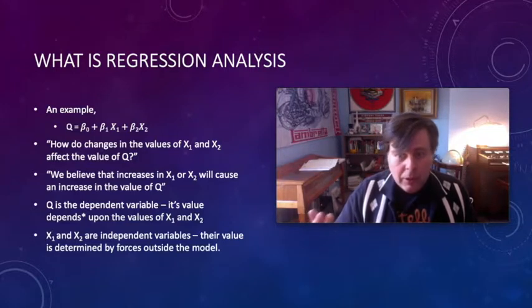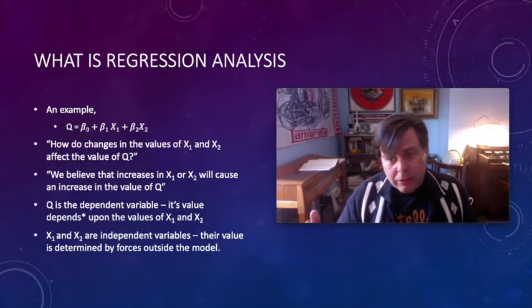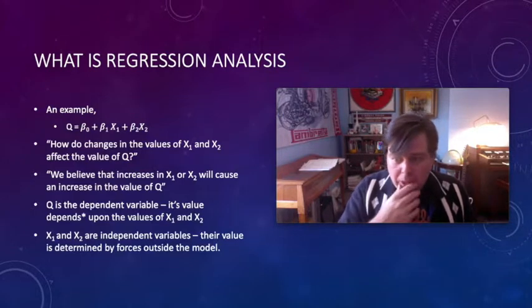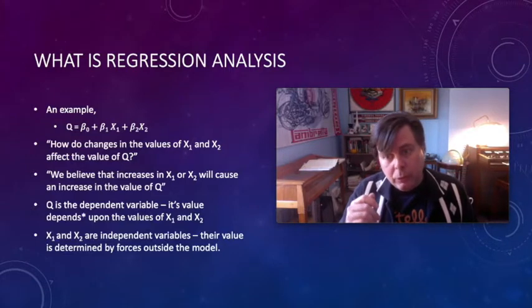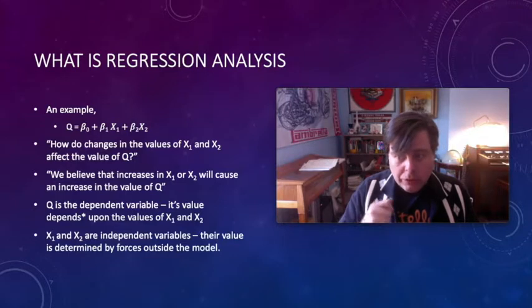We're also assuming that changes in x1 don't cause changes in x2, or the reverse, that x2 causes changes in x1. Now you might say, well, that seems unreal. Yes, that's right. That's a pretty strong assumption, and we're going to spend a lot of time later in this term talking exactly about how we deal with those types of problems.